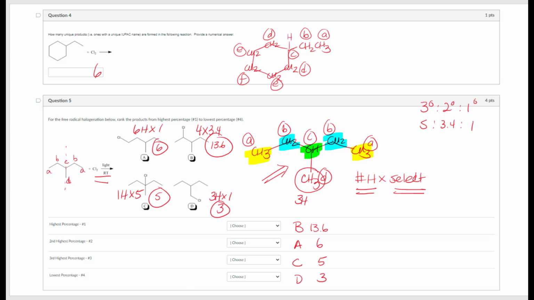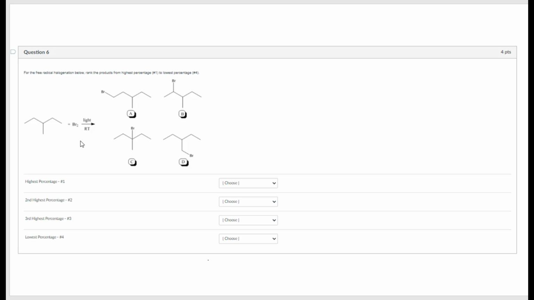So now I'm just going to change the reaction to bromination at room temperature. So again, I'm going to have my same molecule, my CH2CH3 attached to the CH and then that CH3.